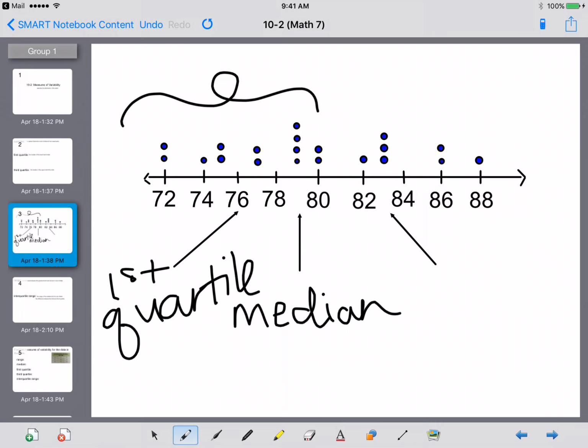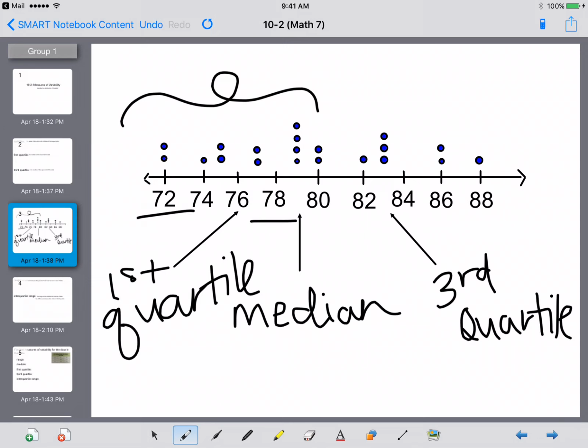And so then up here, the middle of our upper half is the third quartile. So you have your first quartile, your median, and your third quartile. And that splits everything into 4 equal parts.